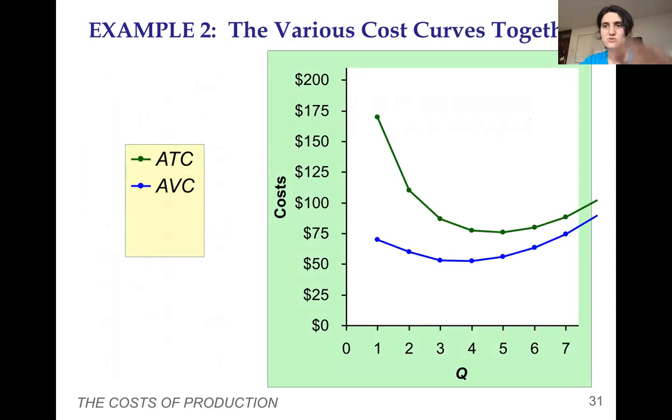And as you can see, since average fixed cost is decreasing as the firm produces more goods, the difference between average variable cost and average total cost is decreasing as the firm produces more Q. So the difference between this green line and blue line is the average fixed cost, and it is decreasing by Q.